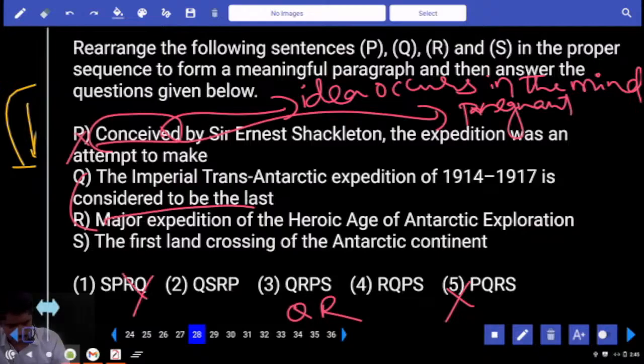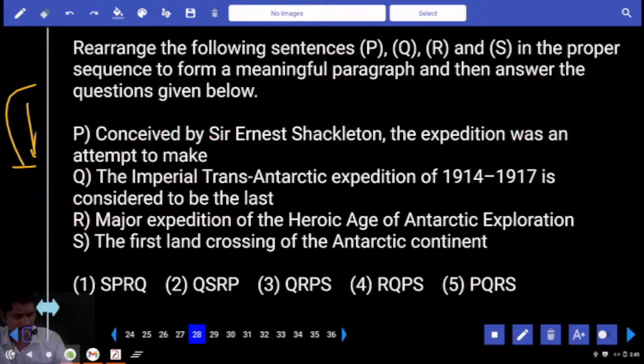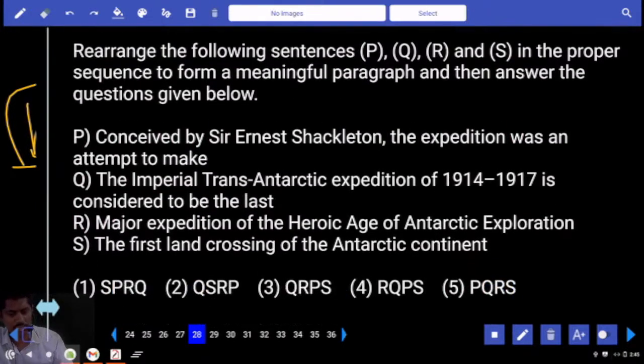QR no, QS no, QR yes. Answer, let me read. Conceived by Sir Ernest Shackleton, the expedition was an attempt to make the first land crossing of the Antarctic continent. Third option, correct answer.